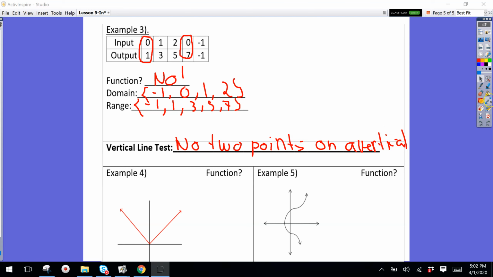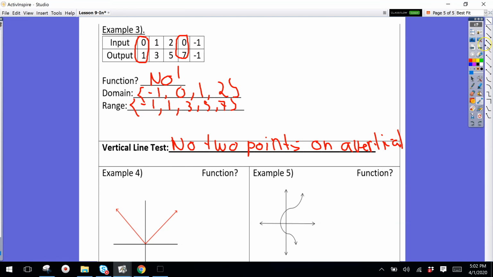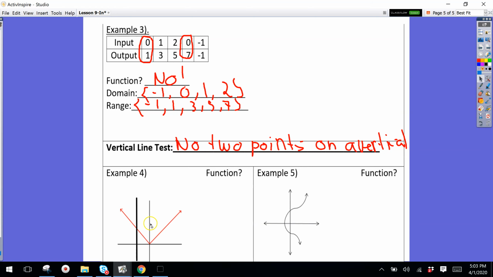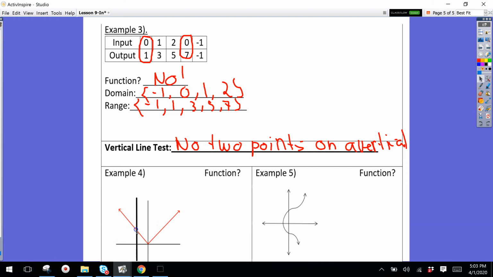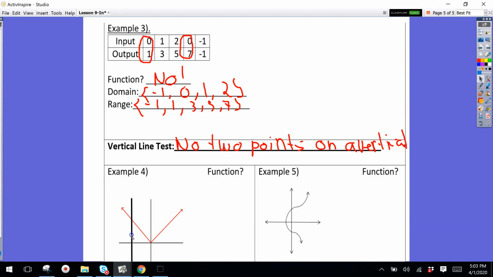So let's go and make one. Let's try to use this tool here. Okay, let's go and make this so we can see it. If I were doing this on paper, then obviously I would probably use my pencil or something, and that's going to allow me to just move it around.